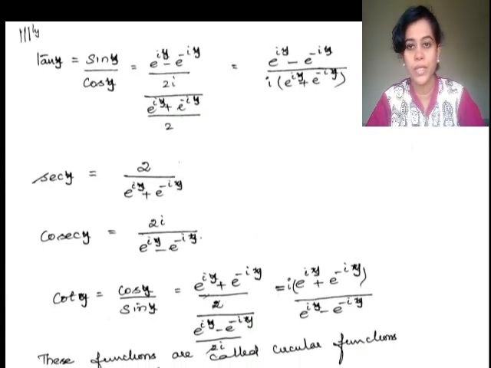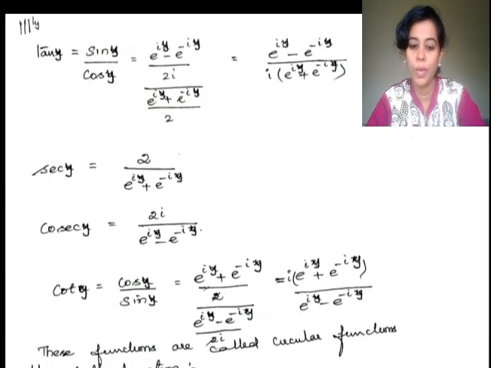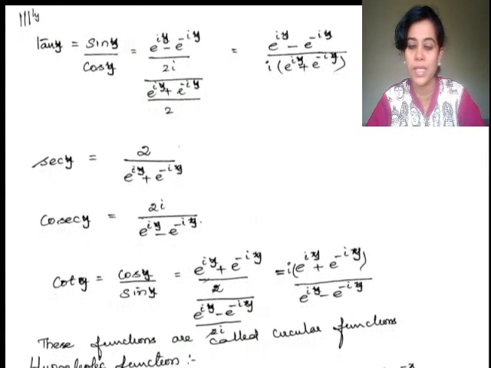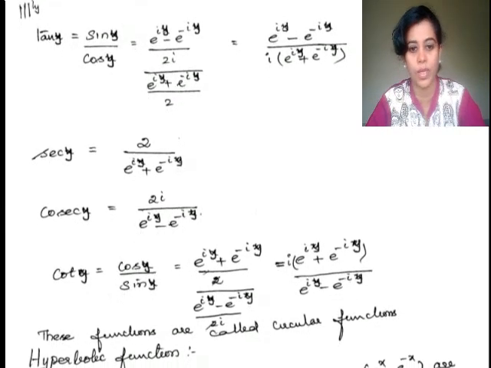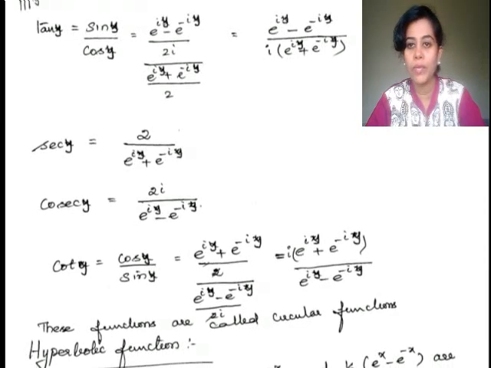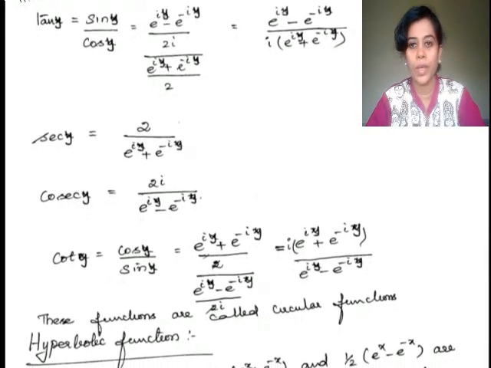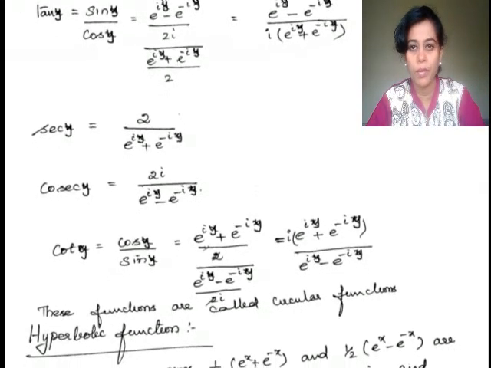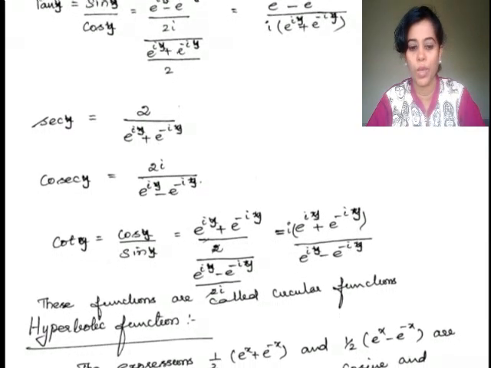Similarly, we can have the other ratios. Secant y = 2/(e^(iy) + e^(-iy)), which is the reciprocal of cos y. And cosecant y will be the reciprocal of sin y, so it is 2i/(e^(iy) - e^(-iy)).